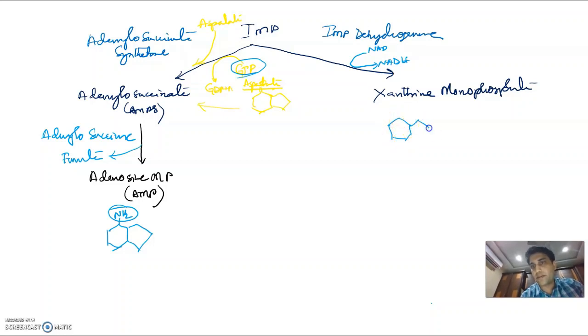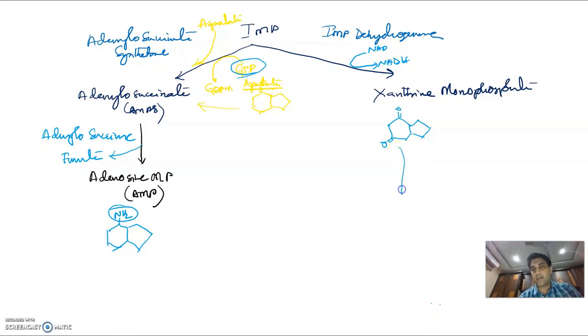This is your inosine monophosphate, or this is your hypoxanthine with attached ribose and it is IMP. So to this IMP, another oxidation step will give a carbonyl group and this becomes your xanthine monophosphate. How has this happened? Because of this dehydrogenation reaction.